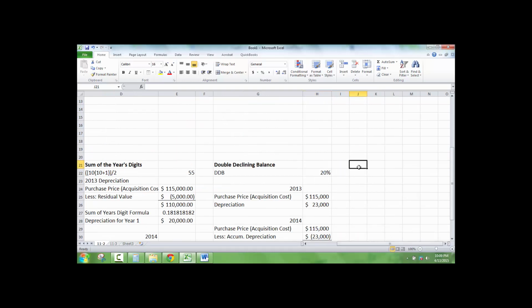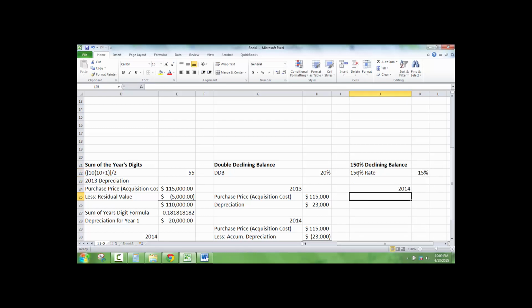They also have what they call 150% declining balance. Similar to double declining balance, except it's 150%. 150% rate equals 15%.